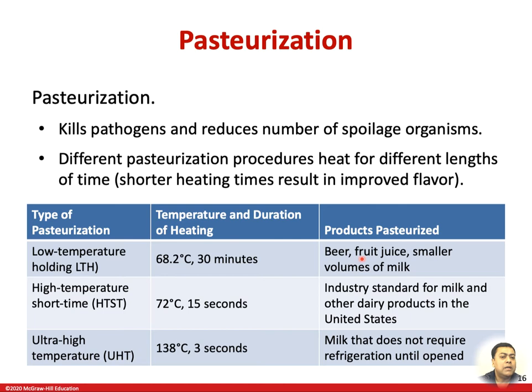Usually beer, fruit juice, and smaller volumes of milk are produced in this way, which is called batch processing. Whereas high temperature short time, or HTST, is where the product is flash pasteurized for 15 seconds. The temperature is now 72 degrees Celsius. It's a little bit higher. And this is the industry standard for milk and other dairy products in the United States.